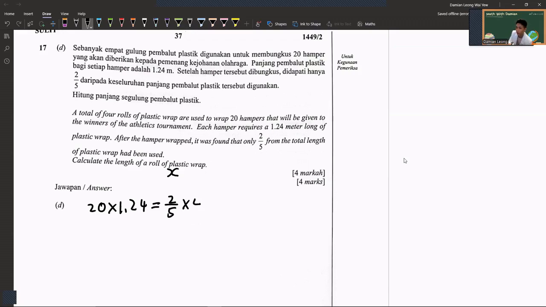So 2 over 5 of 4 rolls of plastic wrap times length of 1 roll, X.